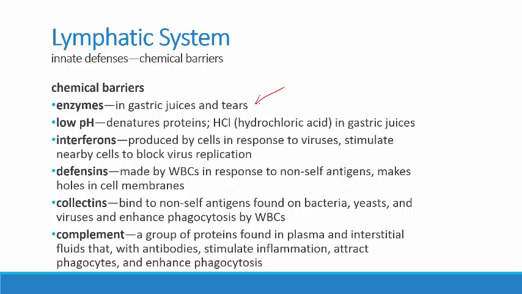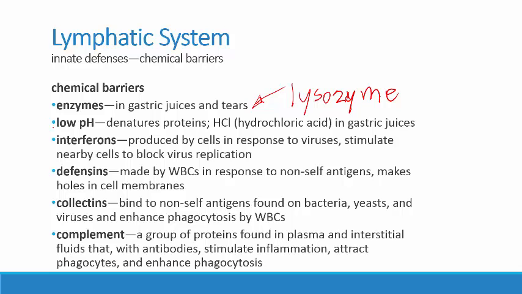In tears, this specific enzyme is called lysozyme. And in our digestive juices, we have a number of enzymes that help to break down food, but in the process can also break down bacteria or viruses as well.